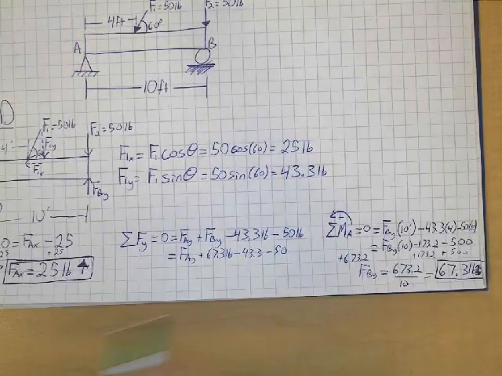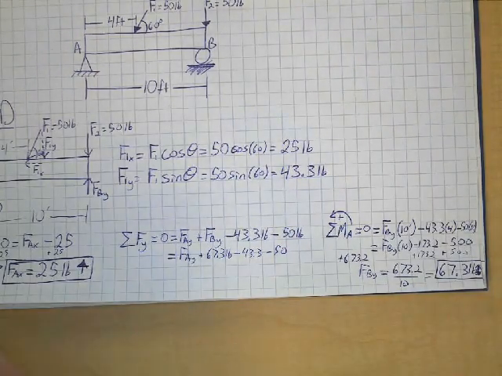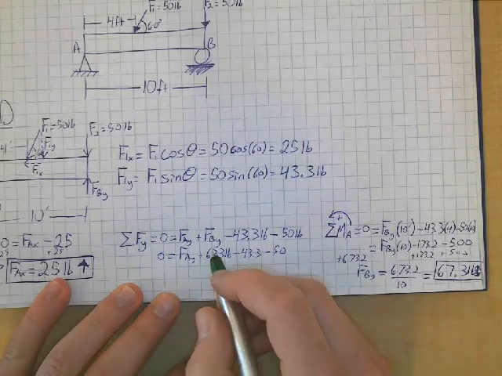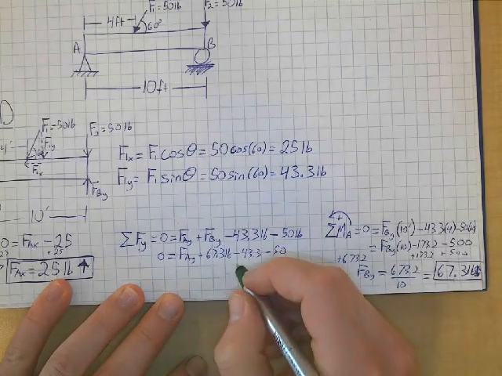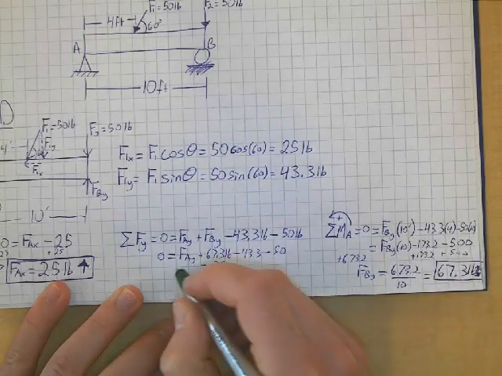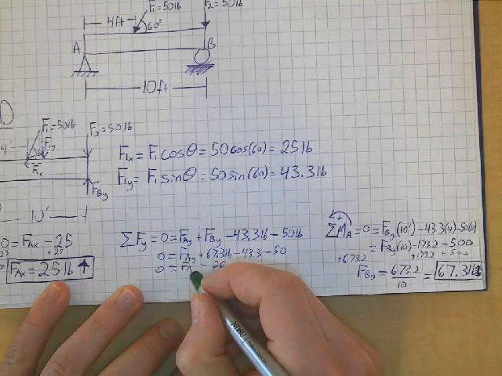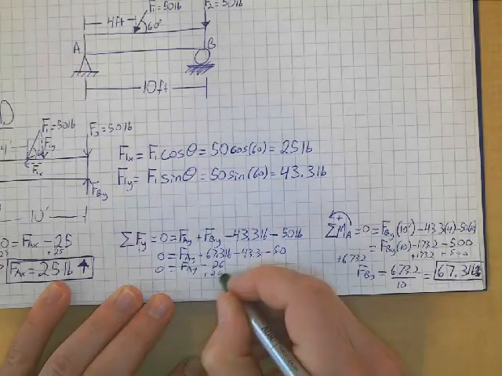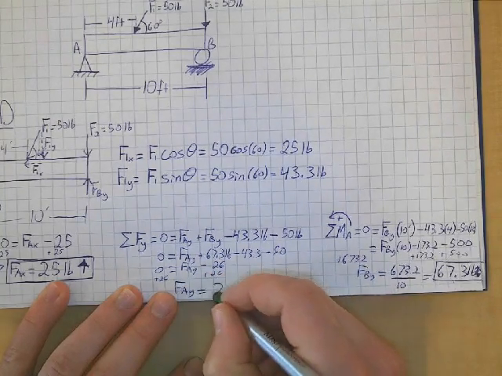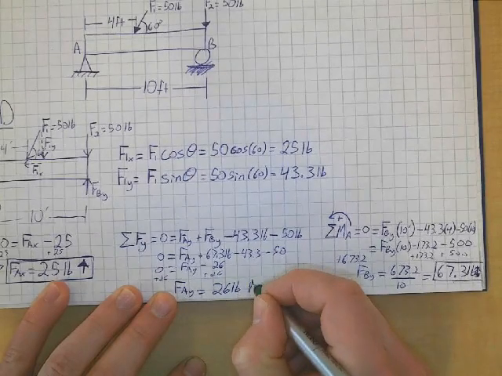So if I combine all of those together and move all of that over, all of this together would be equal to minus 26. 0 equals FAY minus 26. So if I add 26, FAY is equal to 26 pounds going up.